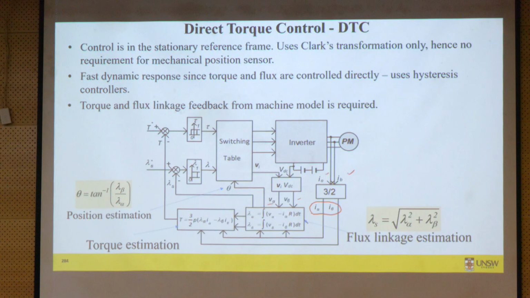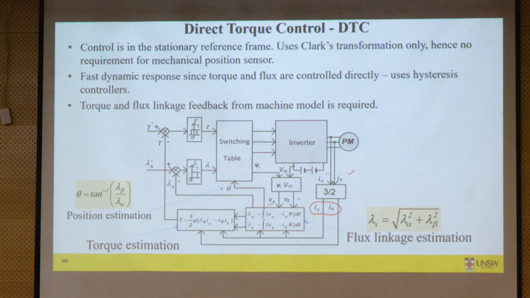Once we have V alpha and V beta, we can calculate flux linkage, because flux linkage is the time integration of voltage only, right? But this voltage also has a resistive drop, so you first subtract that resistive drop: V alpha minus I alpha times R, and then you integrate it, you get your alpha flux linkage. And repeat that for beta flux linkage, so we will have alpha and beta flux linkage.